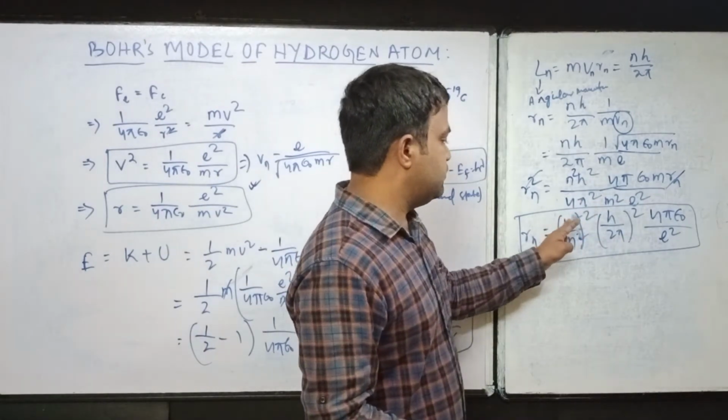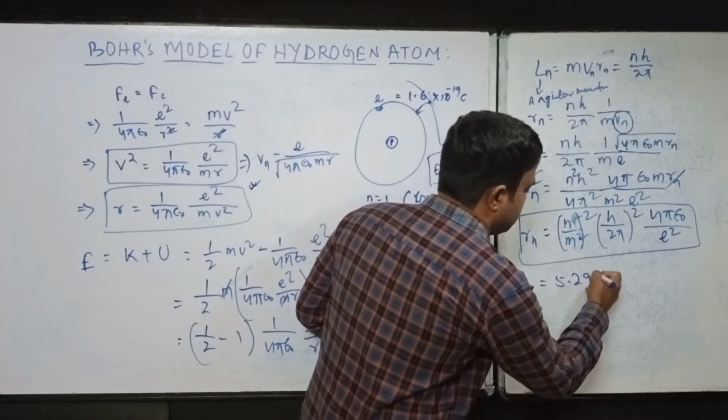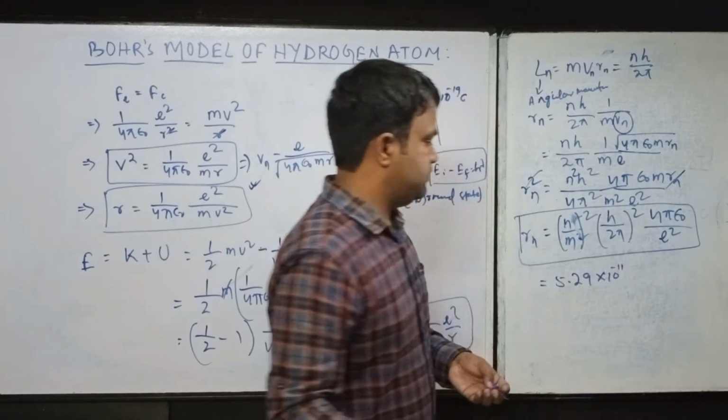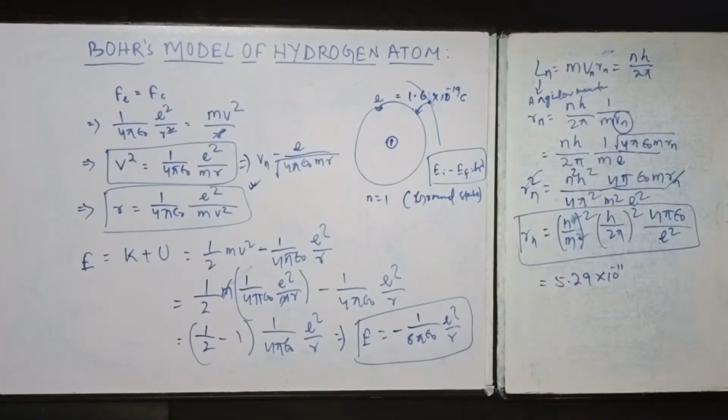You can put the values, putting n equal to 1, you will get 5.29 into 10 to the power minus 11. I have already calculated it, so you can put the values and do this as a homework. You can calculate, and it will come up as 5.29 into 10 to the power minus 11 meter.